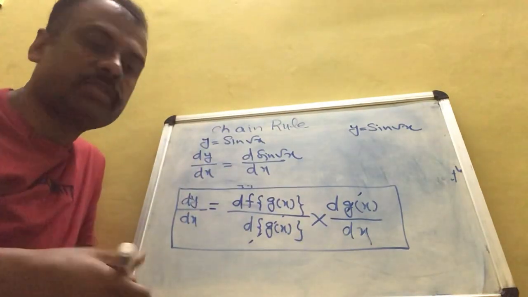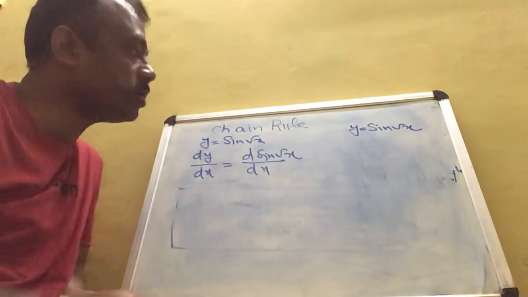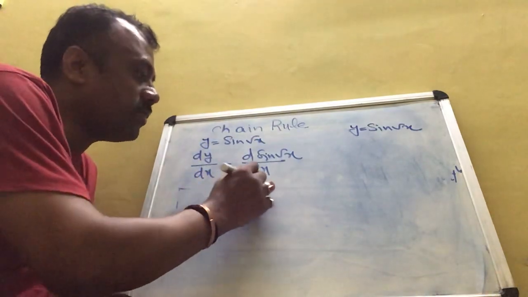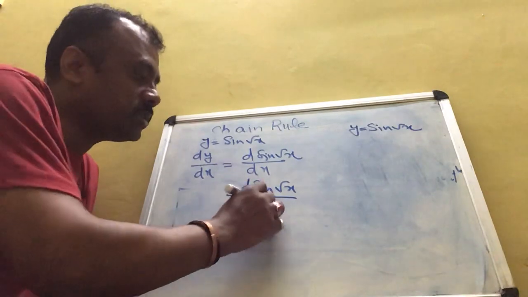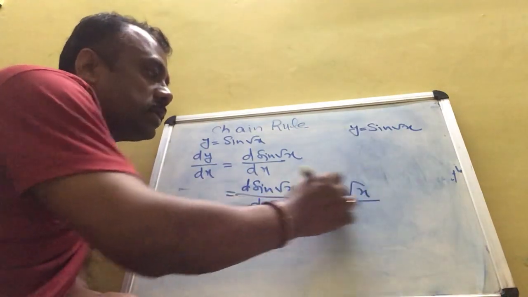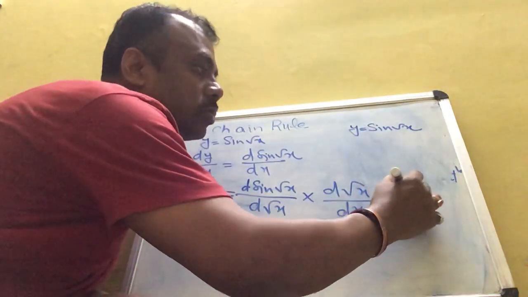Now sine of root x will be differentiated with respect to root x, because here the sine function is a function of root x. So I will write it this way: d of sine root x with respect to root x, into d of root x with respect to x, using the chain rule.